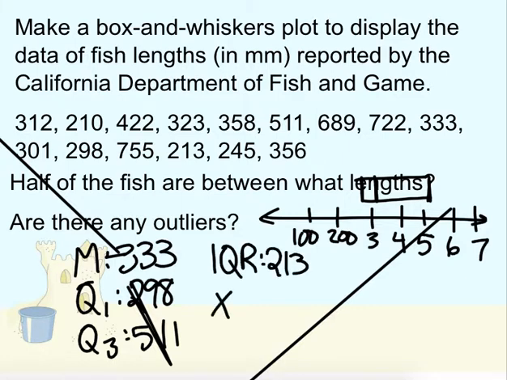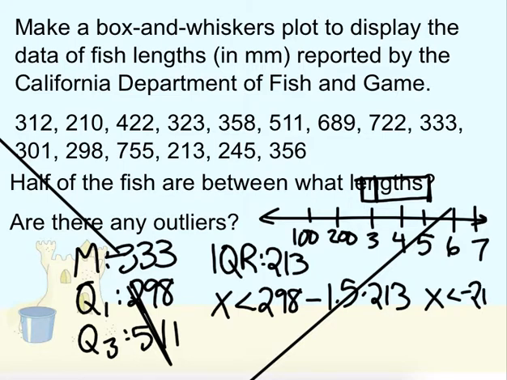So we're going to say if x is less than quartile 1, 298 minus 1.5 times 213, we might have an outlier. So x has to be less than negative 21.5, which means I would have to have a negative fish length, which isn't going to happen.